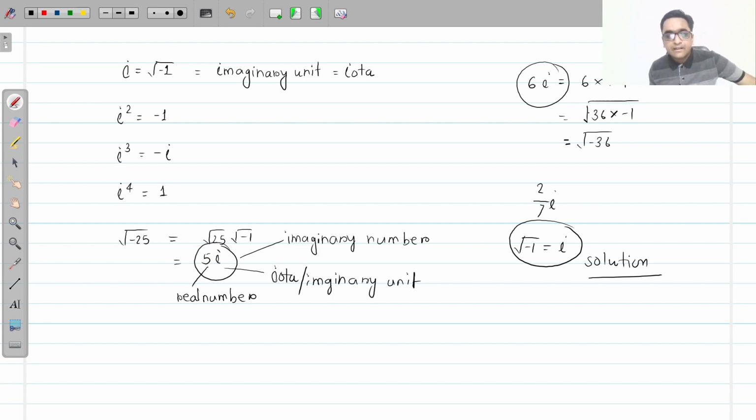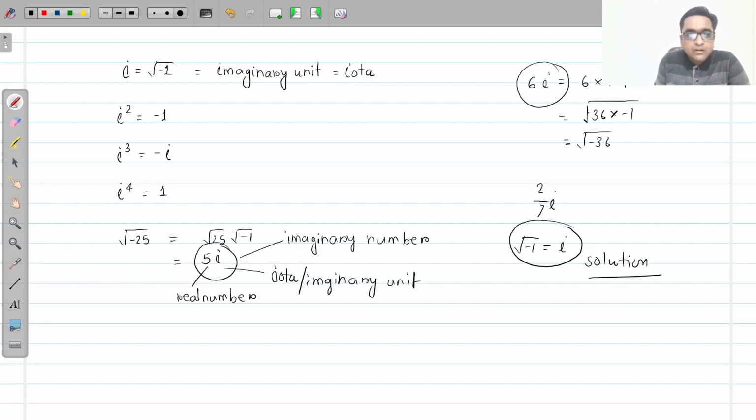It is i, that is iota. And we know that 6i means 6 times the square root of minus 1, 5i means 5 times the square root of minus 1. So simply we solved our problem by taking the square root of minus 1 equal to i. So until now we have seen nothing about complex numbers.